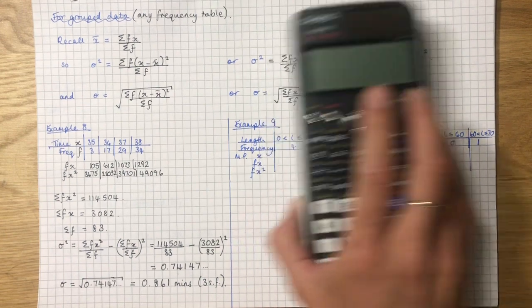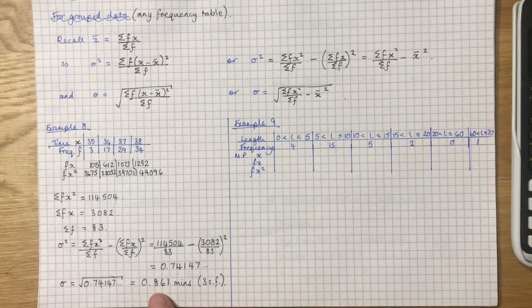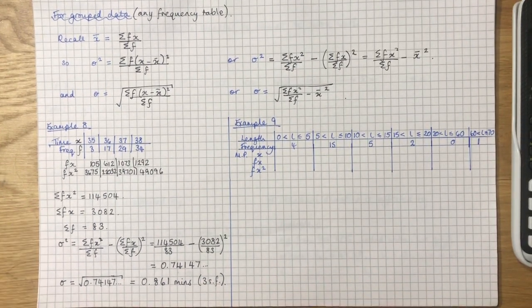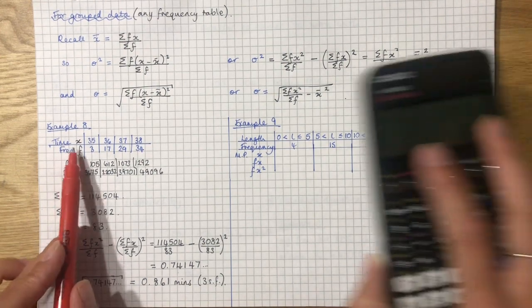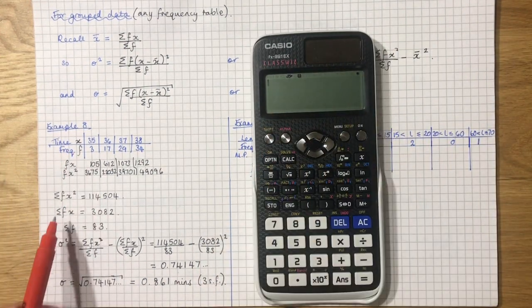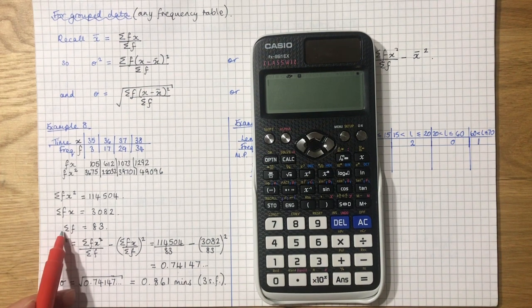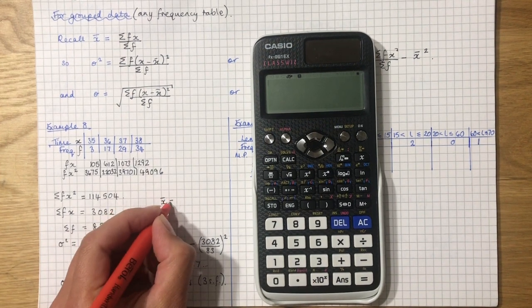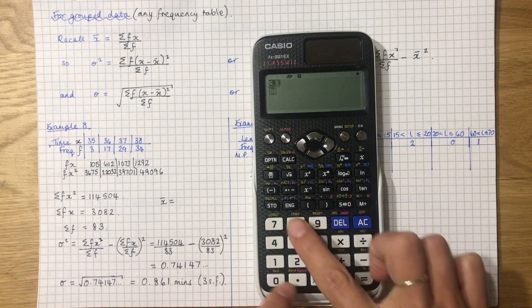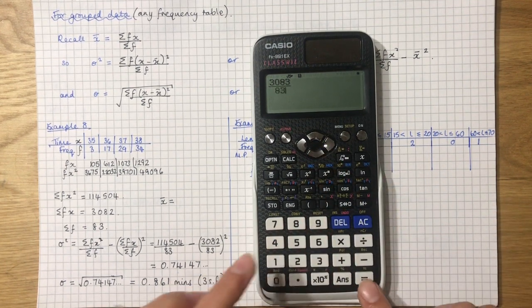Let's stop and take a second to make sure we know exactly what this number means, because the hardest thing with standard deviation is not the laborious calculations, it's understanding what on earth it's on about. So what we're saying is the mean time spent out of school, well, that would have been the sum of fx over the sum of f. Let's just make a little note of that here so we can see the number, 3083 over 83.